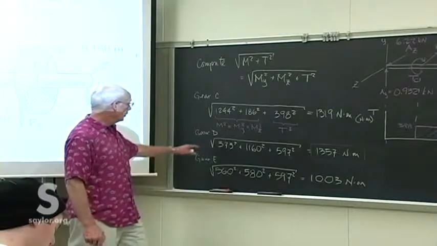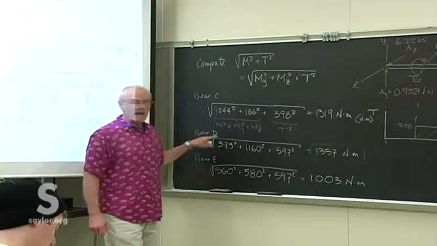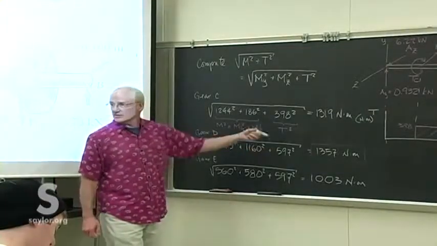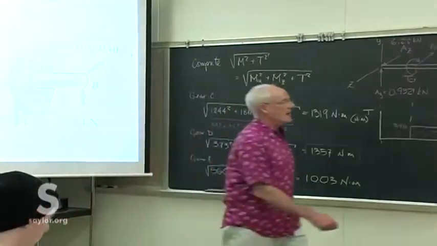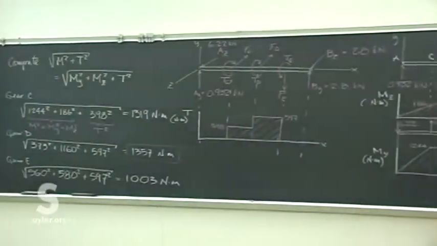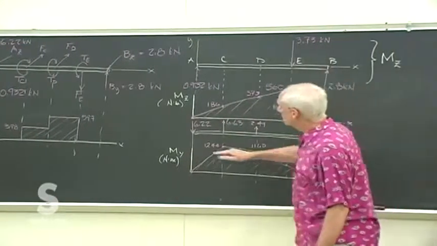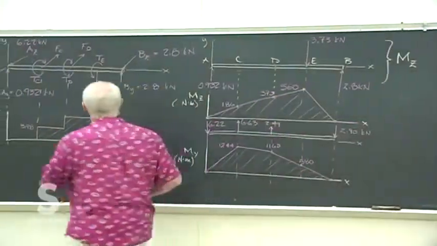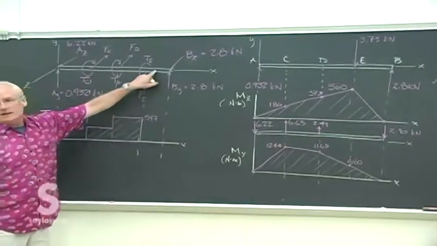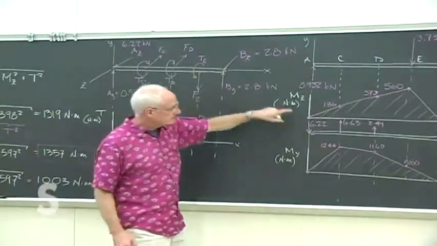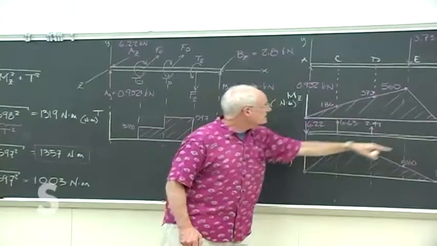So our worst situation is at D. Actually, it's probably somewhere either side of that. We have to actually look at intermediate values to see which one of these is the worst case. If we go to the right of gear E a little bit, all of these start to drop.